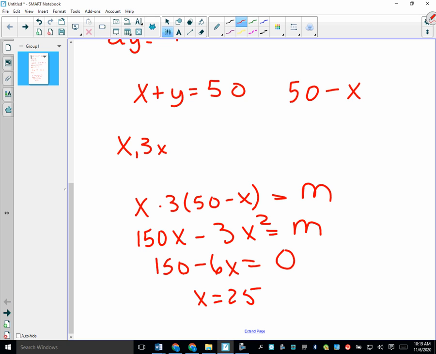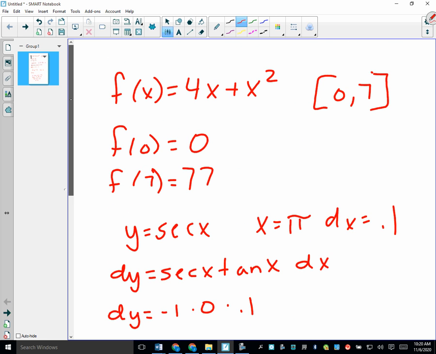How come on the derivative, but on the second one that we did, the 4x plus x squared, I had to set it equal to 0? Because that didn't ask for a maximum or min. On that first one you mean? Yeah. This one, I asked for the maximum of that graph.